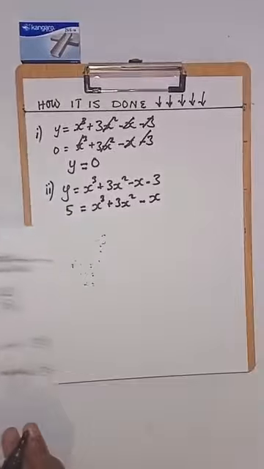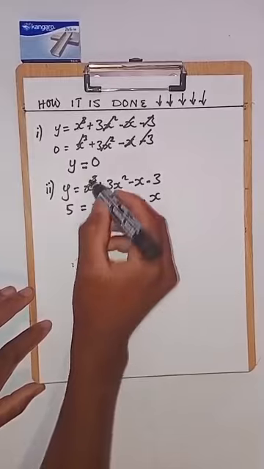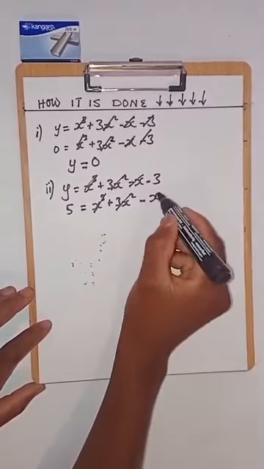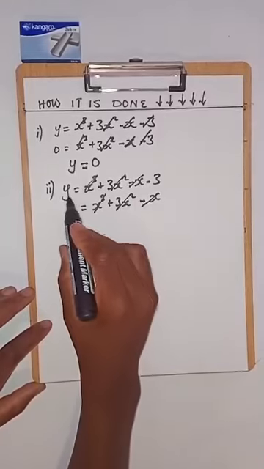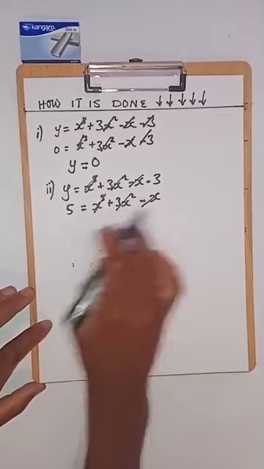Okay, now we can cancel. This and that will cancel. Here they'll cancel also. This one and this one will cancel. So here we have y equals -3, and here we have 5, which equals nothing here.